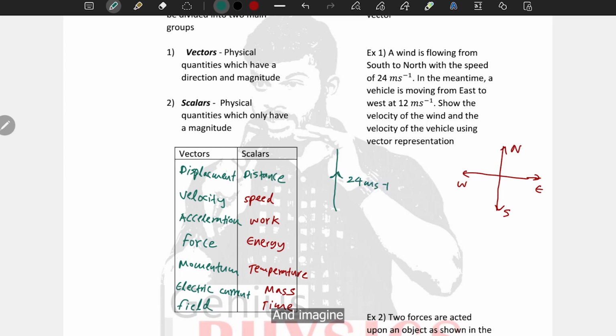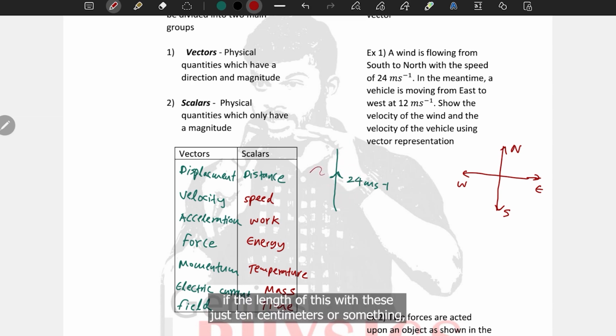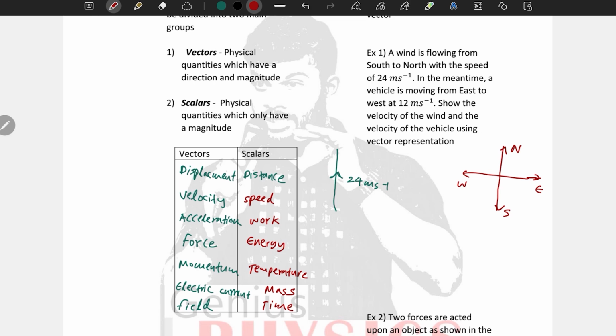If you take the scale properly, the length of this vector could be 10 centimeters or something, and you can choose a relevant scale as you wish. But here I recommend you take simply 6 centimeters to represent 24 meters per second.